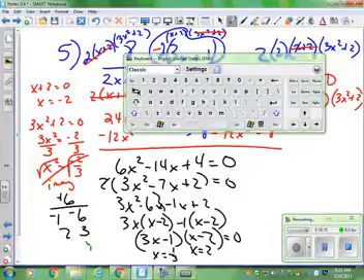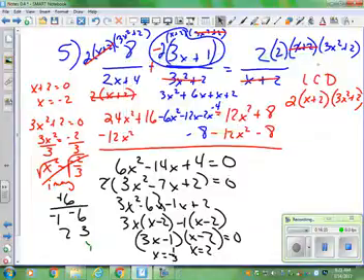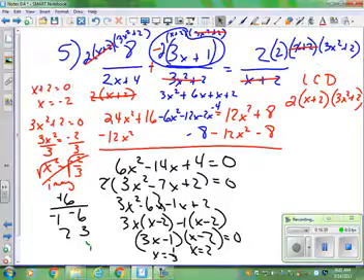Those are not my restrictions. So since they are not my restrictions, they are perfectly good solutions. It's a good thing it didn't come out negative 2, because that's the one number it can't be, right? It couldn't be negative 2, but it came out positive 2. It couldn't be imaginary, and it came out positive 1/3, so we're good.